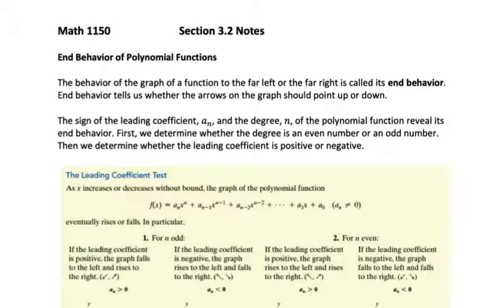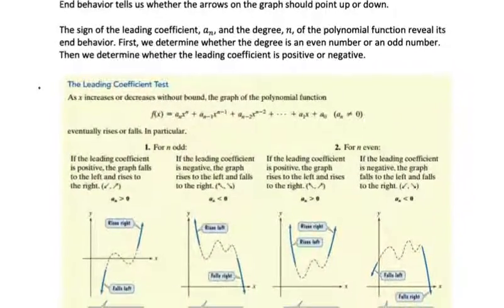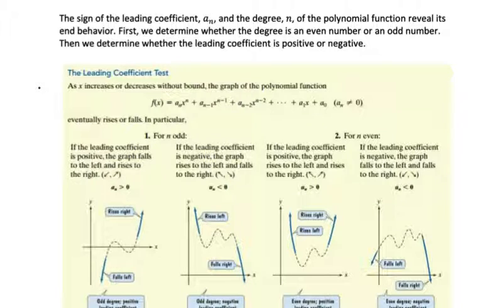End behavior tells us whether the arrows on the graph should point up or down. And the way that we determine that is by looking at the leading coefficient and the degree. We defined leading coefficient and degree earlier, but if you don't remember, the degree is the largest exponent in the polynomial, and the leading coefficient is the number in front of the term that has the largest exponent.